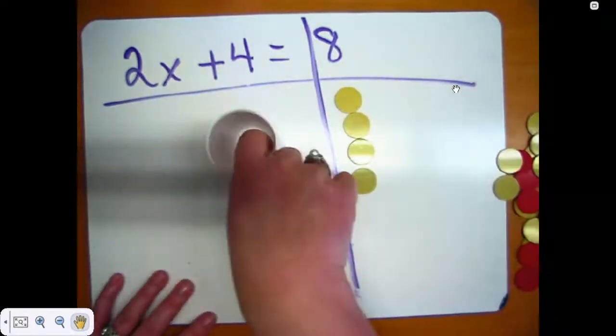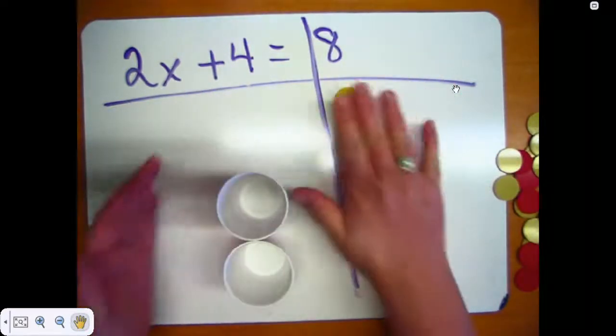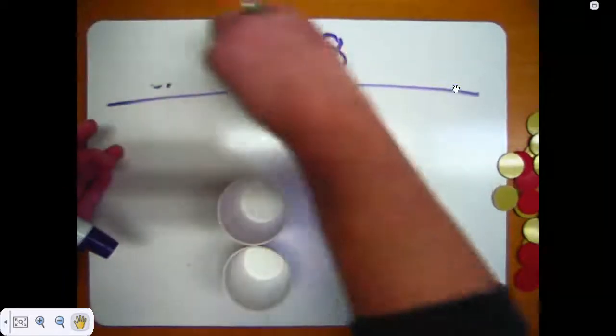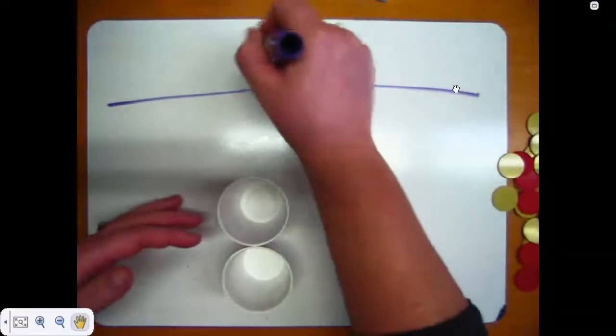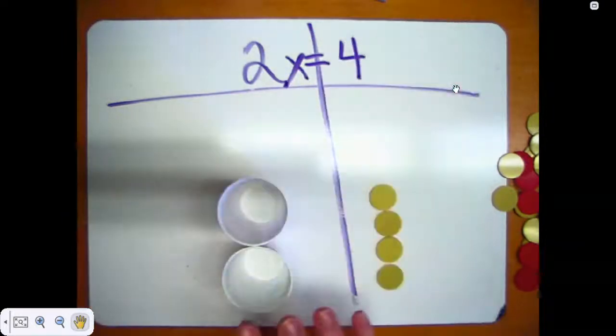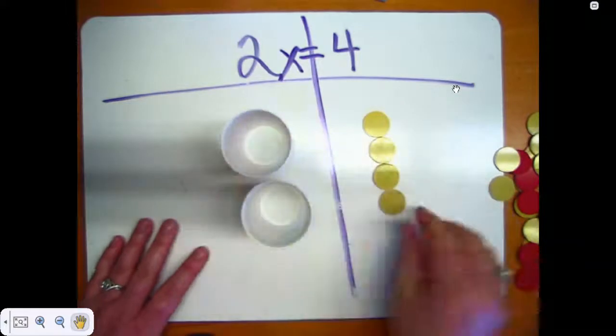And I'm left with my variables and positive 4. So essentially now that we've removed this, this says 2x equals 4.